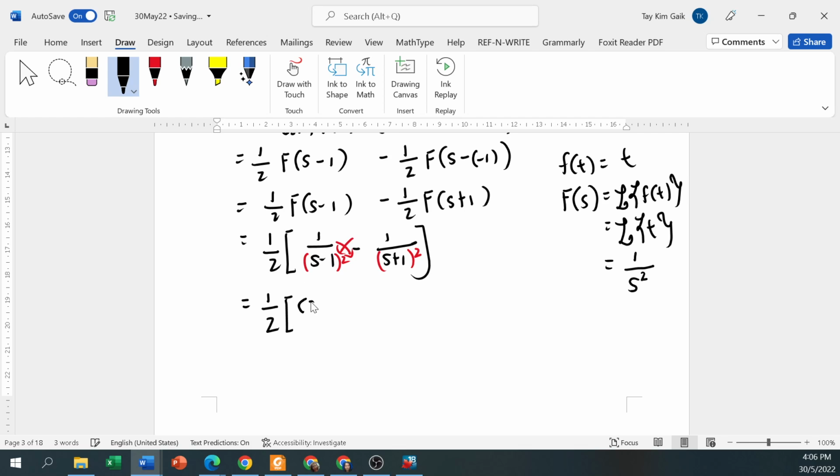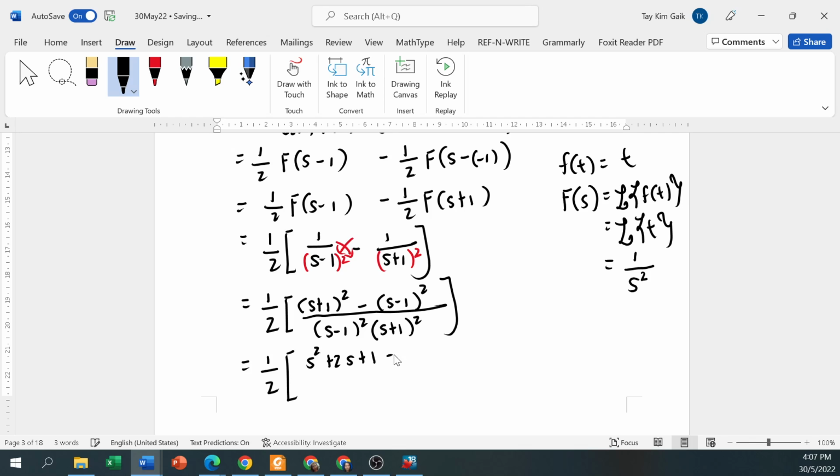So I will have the cross multiplication: (s plus 1) squared minus (s minus 1) squared, divided by (s minus 1) squared times (s plus 1) squared. You may expand the numerator: s squared plus 2s plus 1 minus s squared minus 2s plus 1.